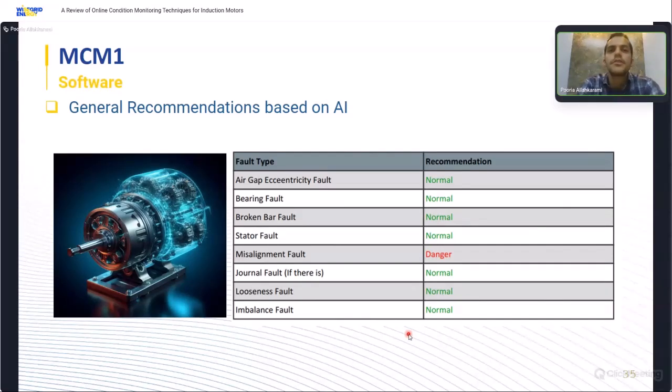The MCM1 has an algorithm trained on a massive volume of collected data. This device can automatically assess the motor condition and provide the percentage probability of each fault we discussed.